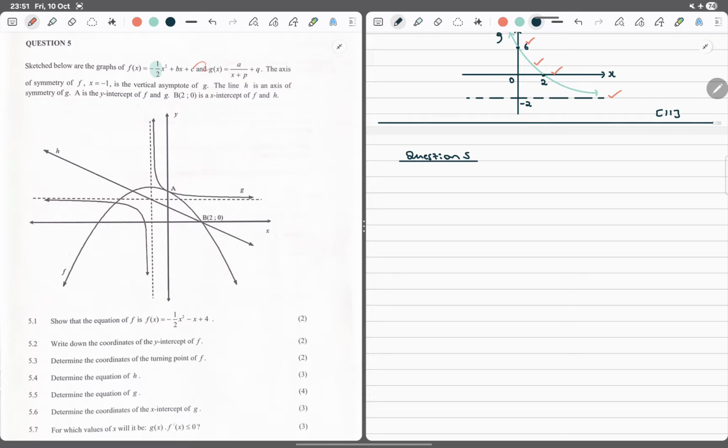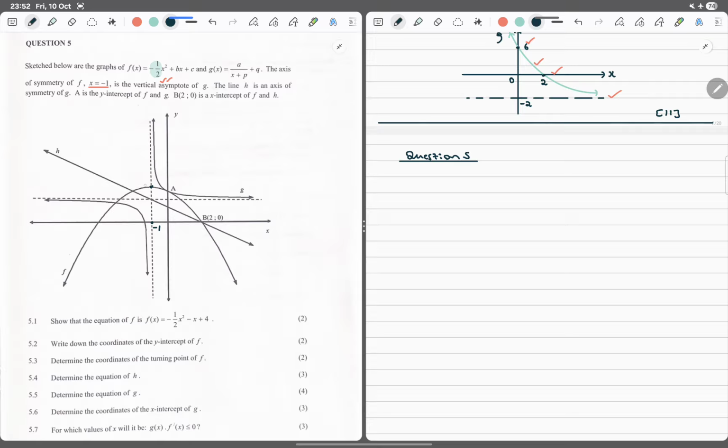That's what we can see so far. And of course, g of x, which is the generic hyperbola or hyperbolic function. Right, the axis of symmetry of f, x is equal to 1, is also the vertical asymptote of g. So this means here we've got minus 1.